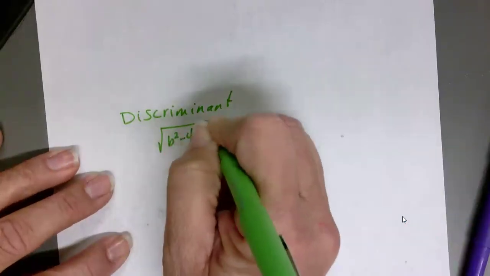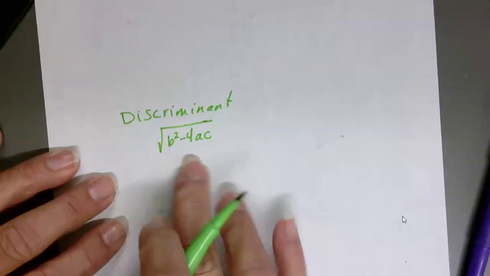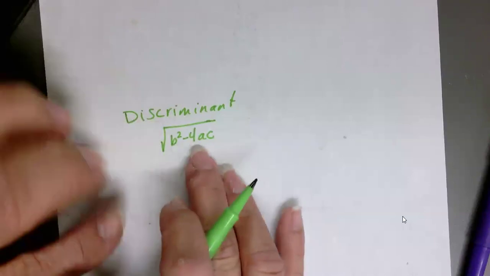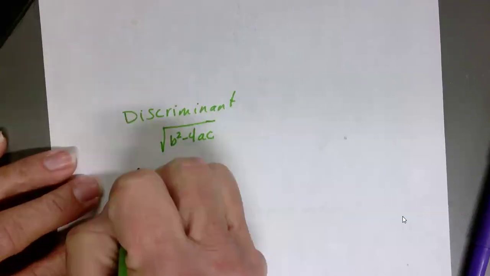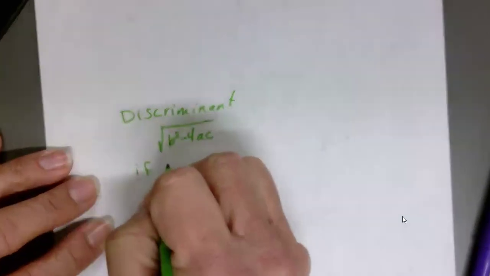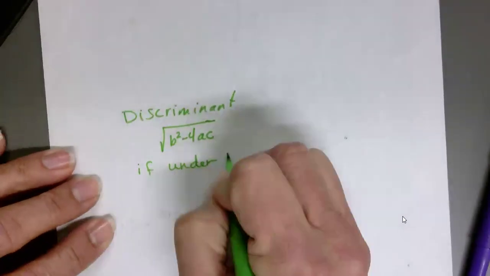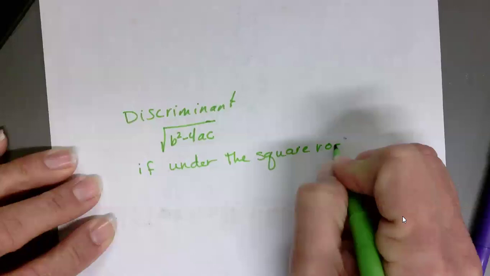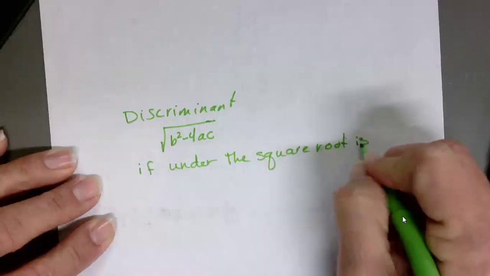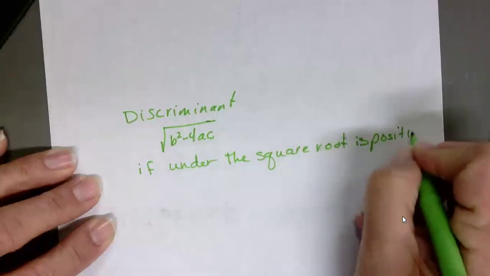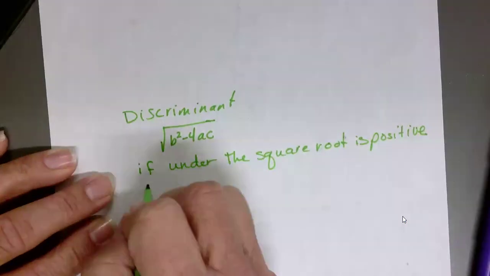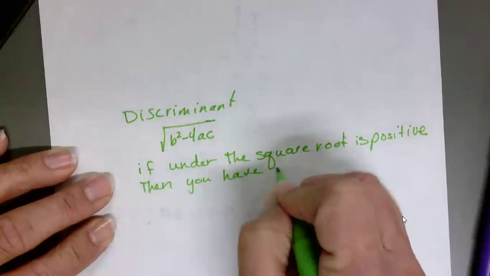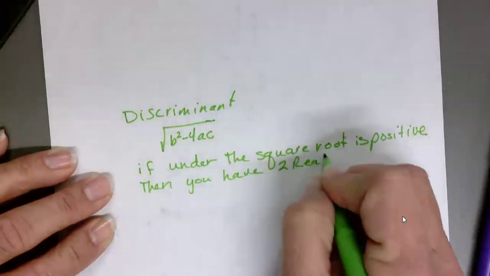When you figure that out, whatever that answer is inside the square root, if it is positive, then you have two real solutions.